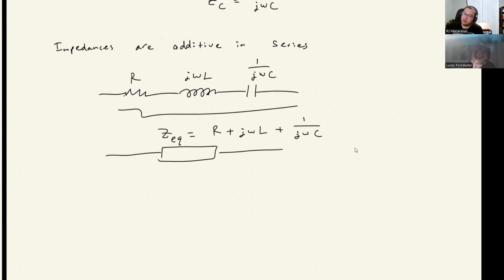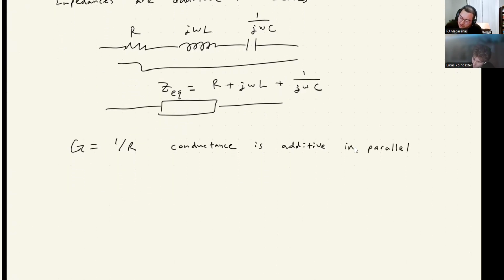When we had resistances, we also defined the idea of conductance, where G is 1 over R, and that was additive in parallel.